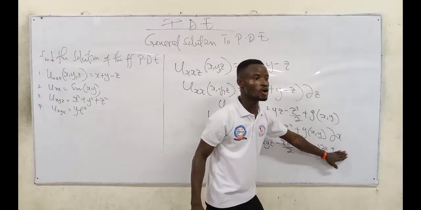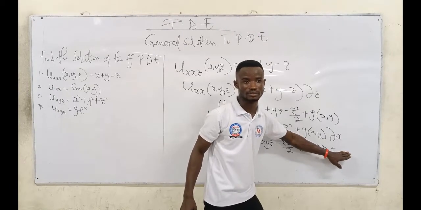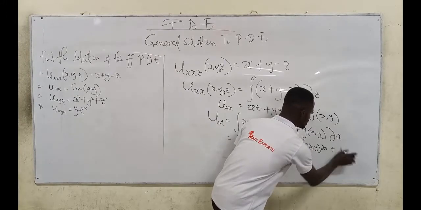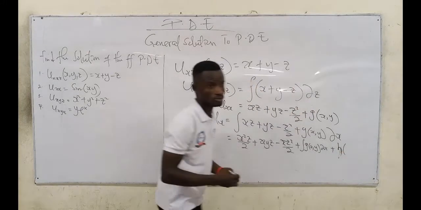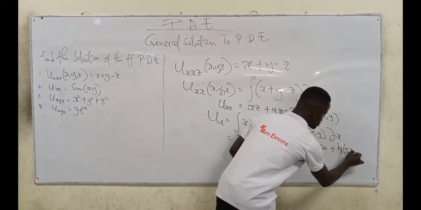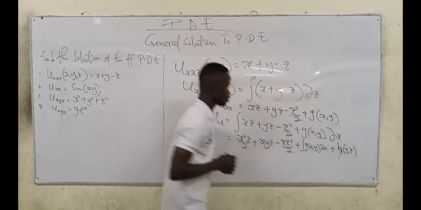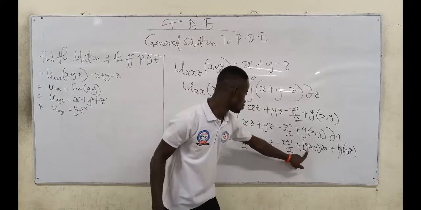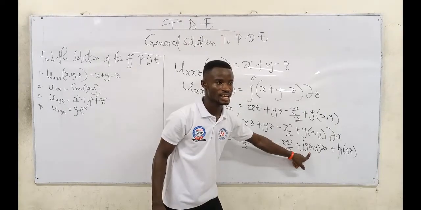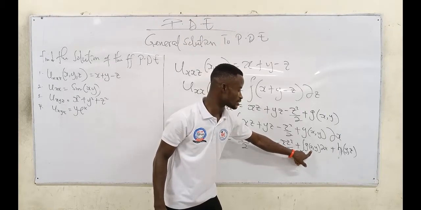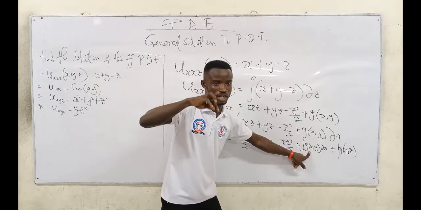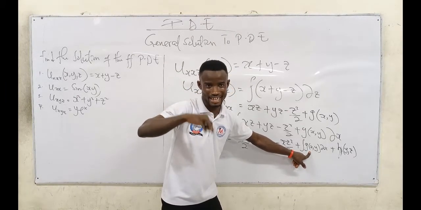Let's move on. So, what's going to be the constant? Let's say, okay, h of y, z. Now, here, we are integrating with respect to what? x. But the function g is in terms of what? x.